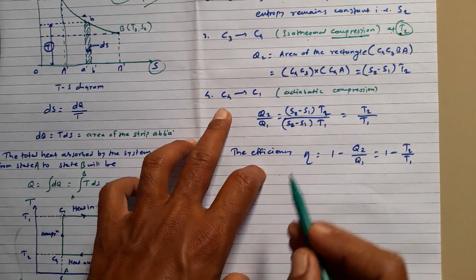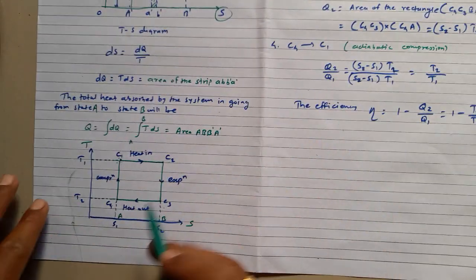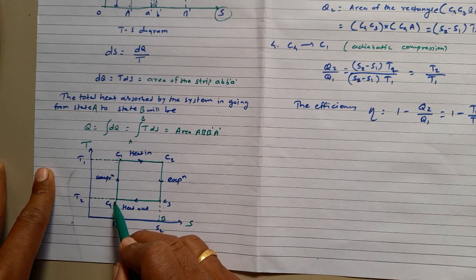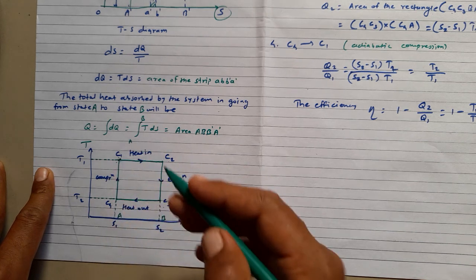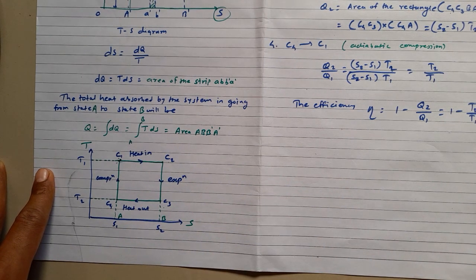Now again, when the system goes from C4 to C1, coming back to its original position, the initial state, this process is called adiabatic compression.